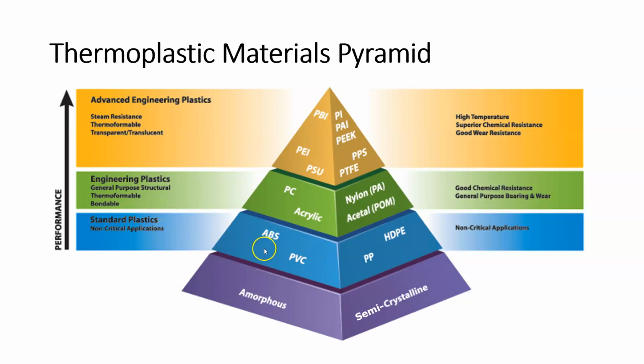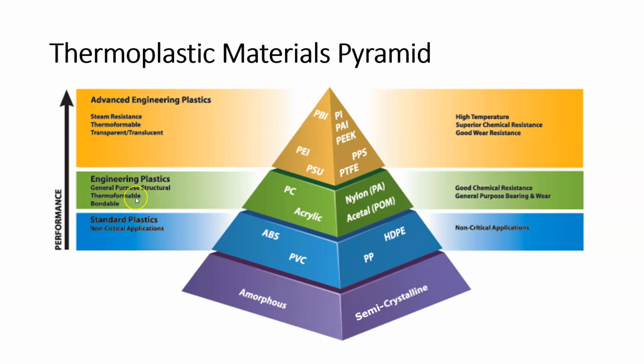Toys, things like that. So this includes ABS, PVC, polyvinyl chloride, polypropylene, high density polyethylene. All right. So again, these are non-critical applications, standard plastics. Moving up the pyramid moves us up in its performance range. And so in the green layer, we have engineering plastics. These are going to be better structurally.